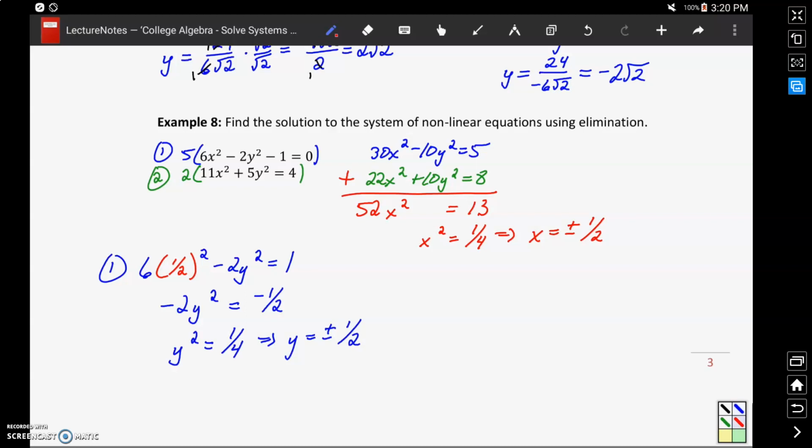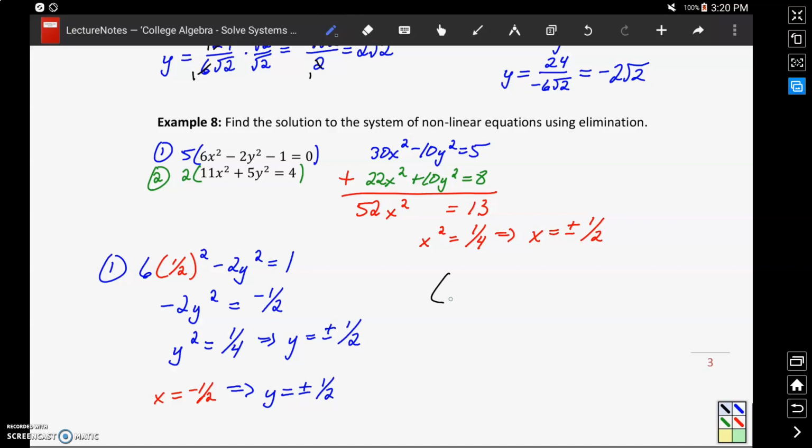Similarly, we could find out that plugging in x equals negative 1/2 would lead us to exactly the same result. Since we'll substitute in negative 1/2 and immediately square it, the process will be exactly the same.